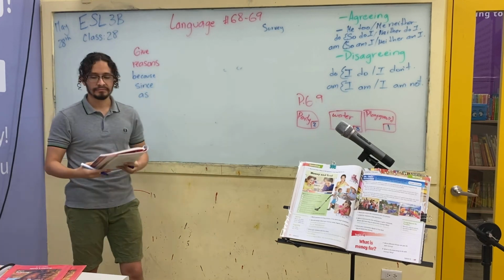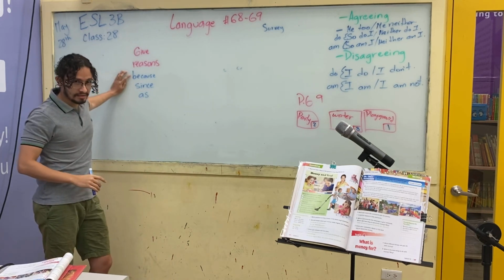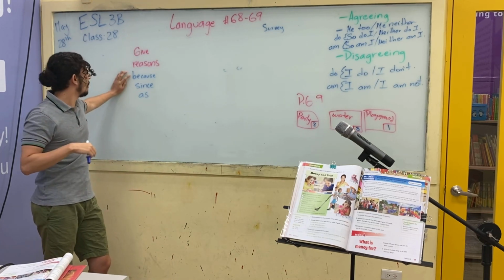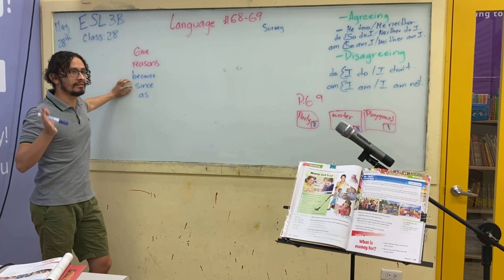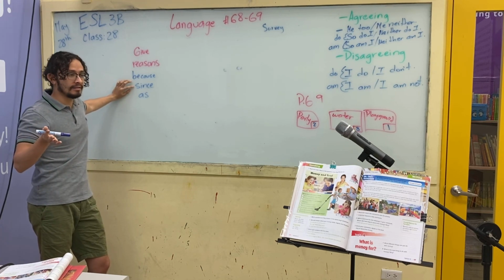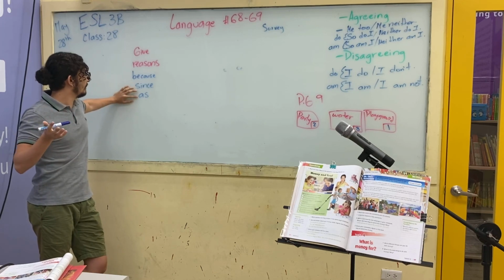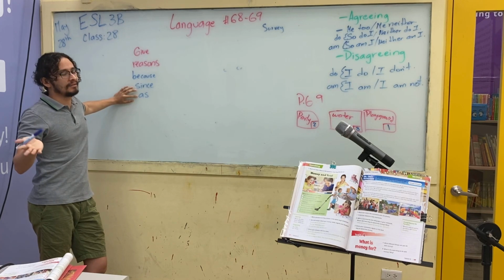For example, why is Teacher Mario such a good teacher? Oh, that's because he's always on time. Okay. Why is Teacher Mario a good teacher? Oh, since he's working so hard, he is always having a good class. Okay. And as, why is Teacher Mario a good teacher?